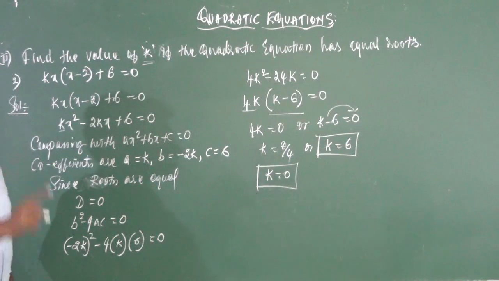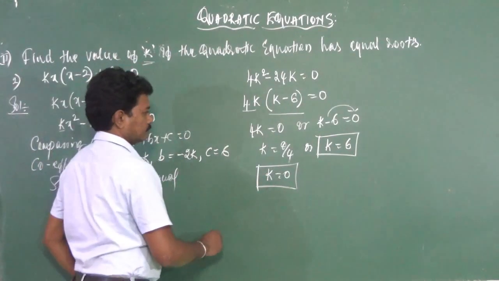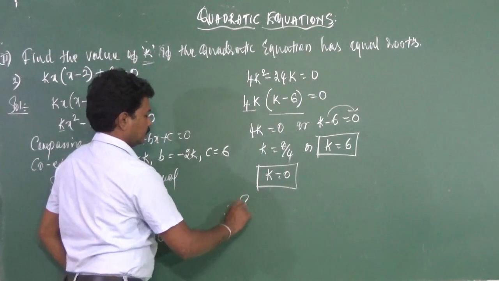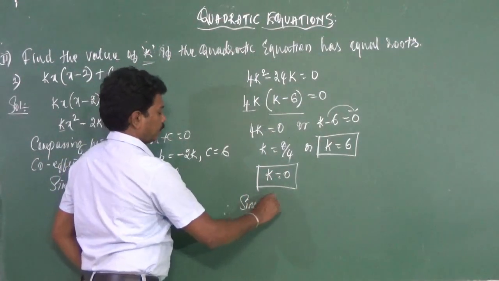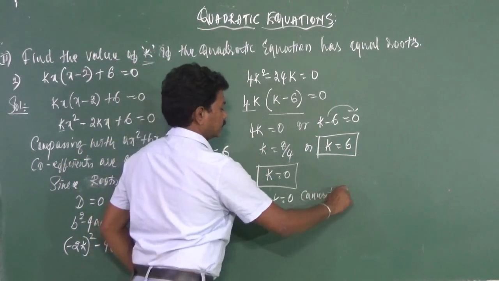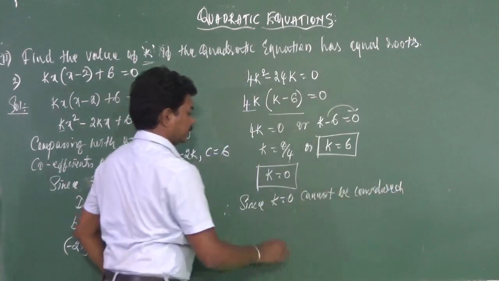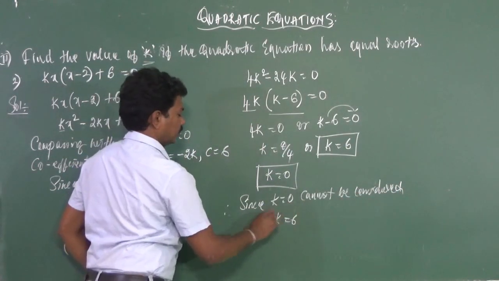You will see that the roots of this quadratic equation will be equal. Since k is equal to 0 cannot be considered, therefore k is equal to 6.